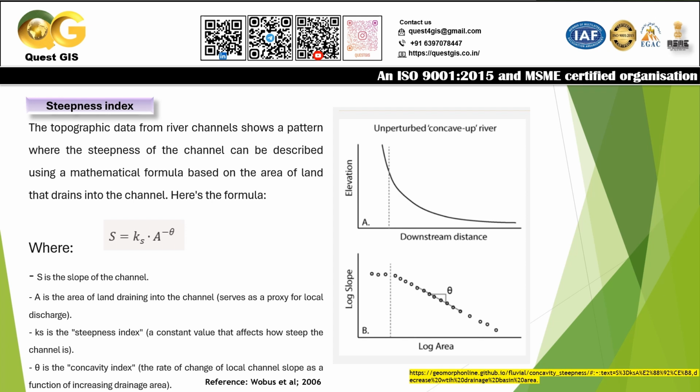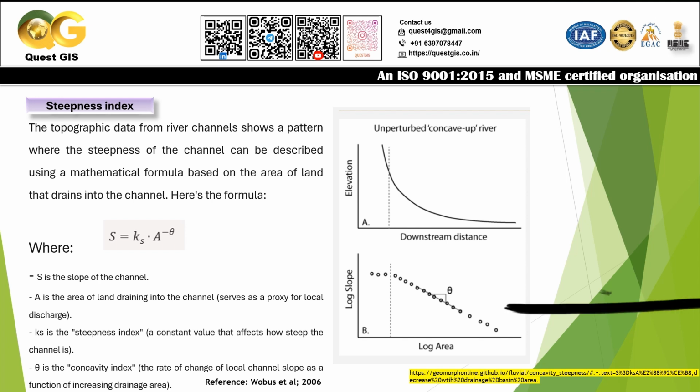When you look at the unperturbed concave up river profile, the river profile which is not disturbed by any external factors or is in equilibrium, such a profile we saw in the hypsometric curve analysis, where these profiles develop in the late stage or old or monadnock stage of erosion.